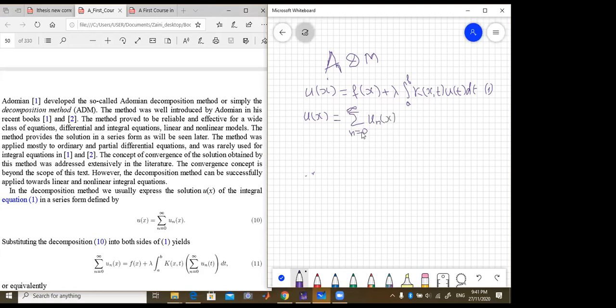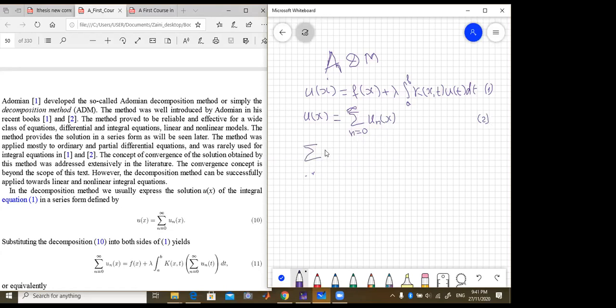Later on, I will show you a more developed, better method, called the homotopy analysis method. At the moment, this is the beginning part of the semi-analytical methods. This is equation number 2, and we substitute it into equation 1.